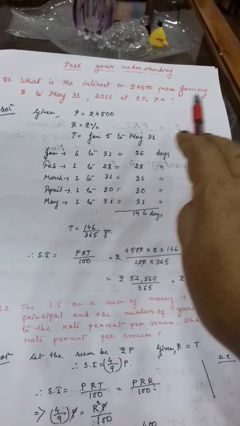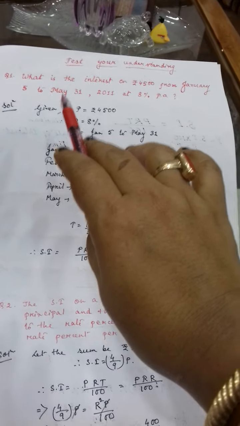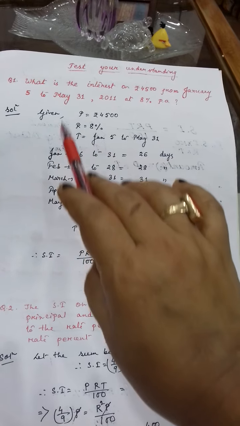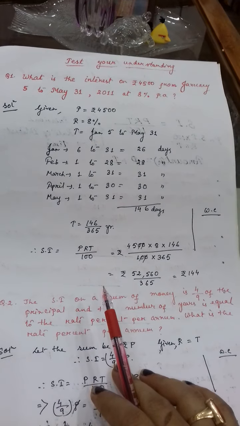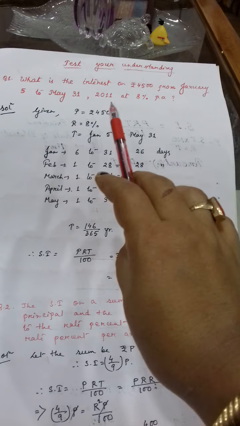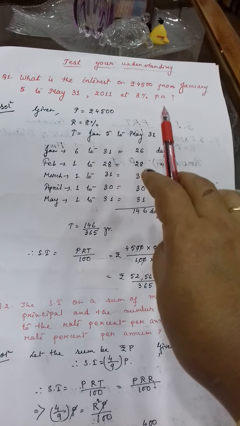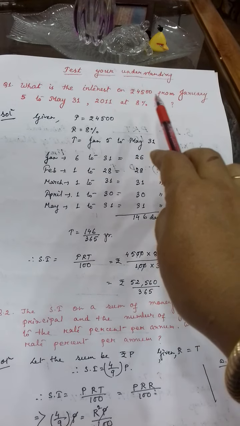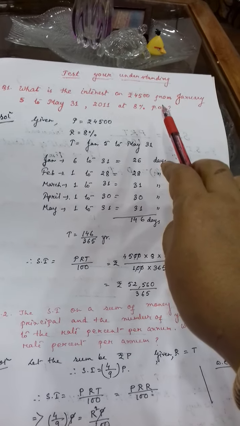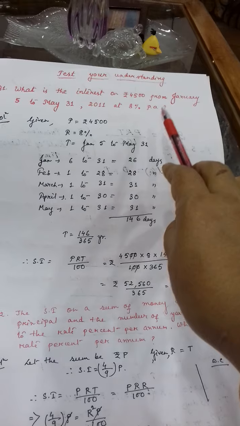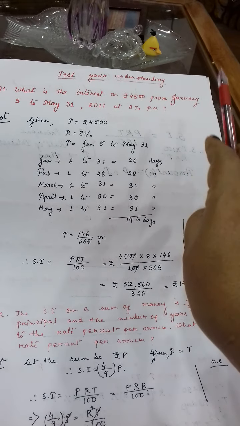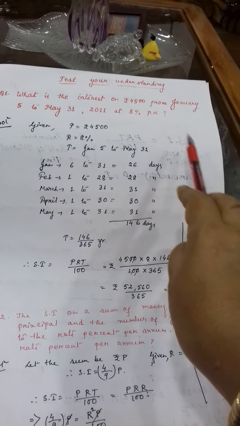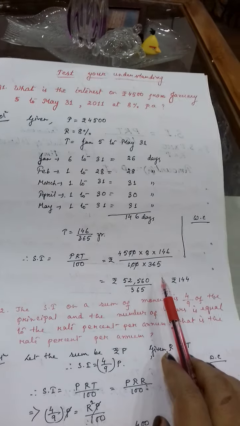Here time is given in days, so from this you have to convert into years. The rate is 8% per annum. Always notice that the rate of interest is given per annum or not. If it is per month, then you have to convert into years.